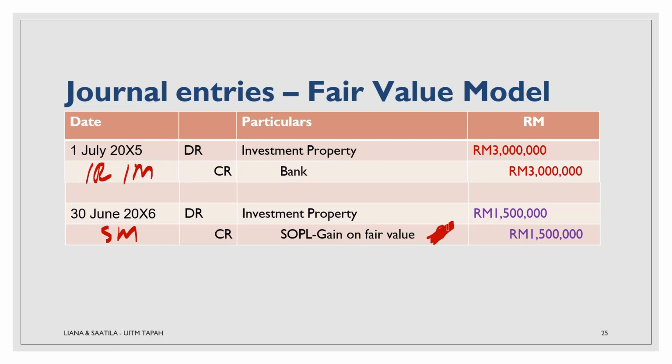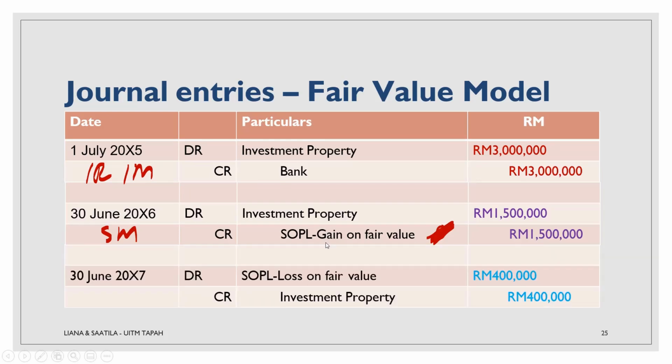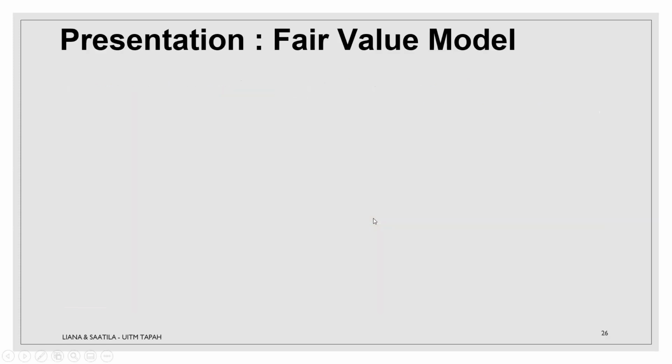And the third journal entry is on subsequent measurement 2, and that would be the loss which is being expensed off to the SOPL, and the amount is the changes in those fair value, the one that we have earlier calculated.